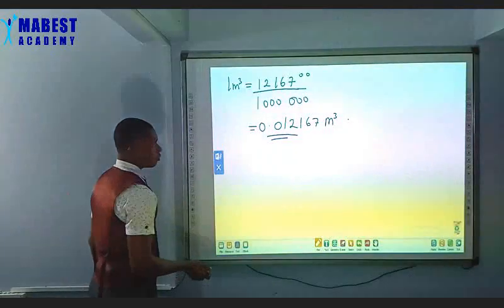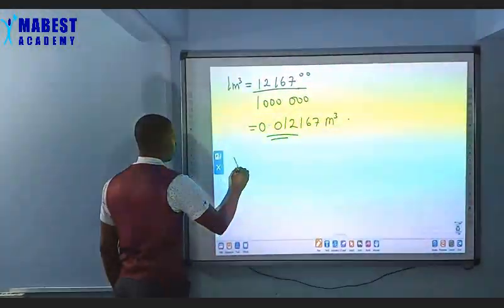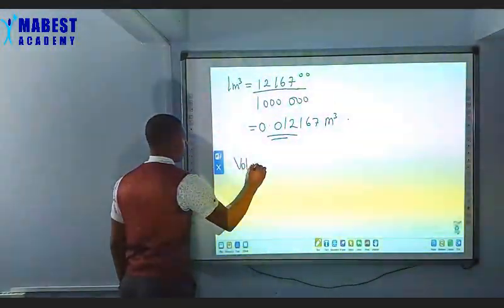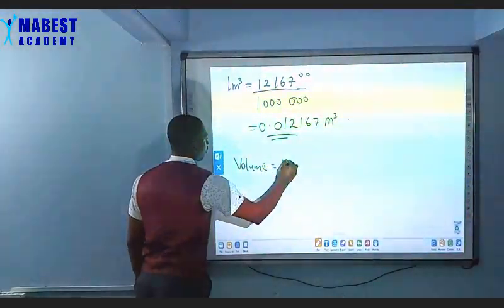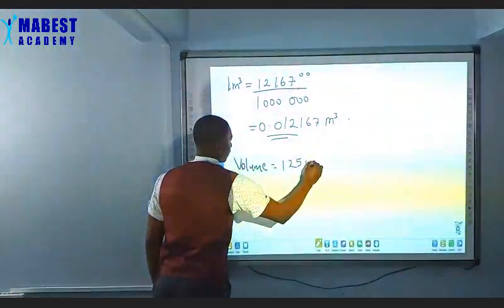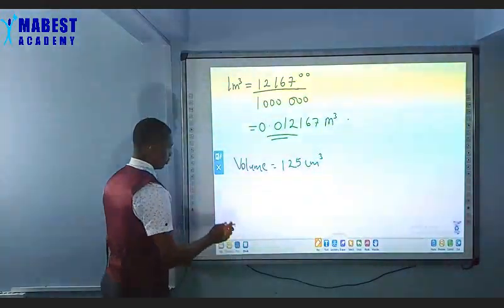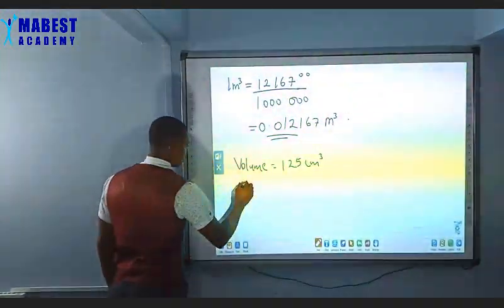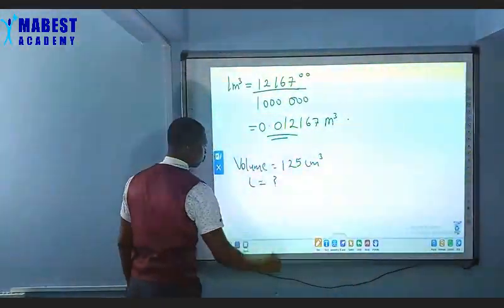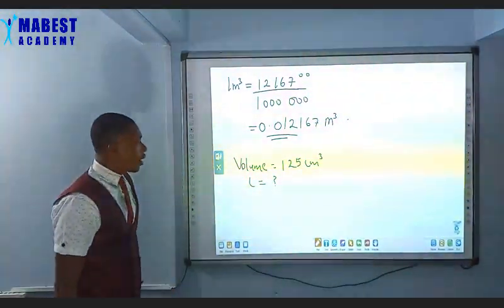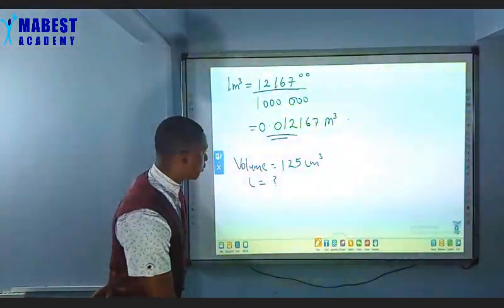The volume is given. The question says that the volume, which is example 4, is equal to 125 centimeter cube. The question asks what will be the dimension, which is the length that we don't know. Now we can recall the volume of a cube.